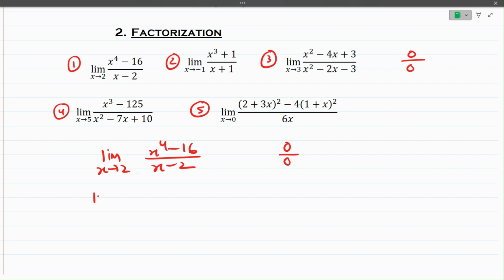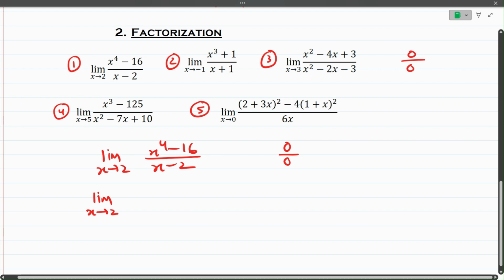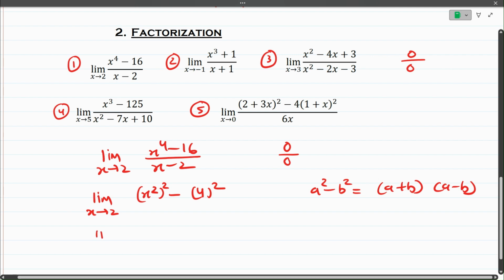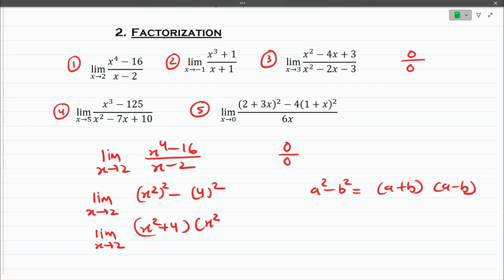So we factorize the numerator, which is x squared squared minus 4 squared. Here we can use the identity a squared minus b squared, which is a plus b, a minus b. So then it's going to be limit x tends to 2, x squared plus 4, x squared minus 4 over x minus 2.